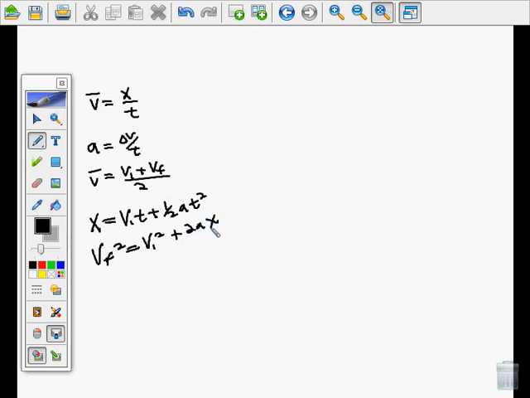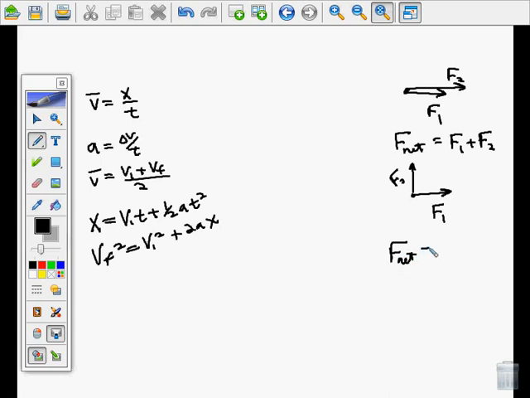You have your motion stuff over here, and then over here you have your forces stuff, where you have F1 and F2, and since they're both going the same way, the net force, you just add them up, F1 plus F2. And of course if F1 and F2 are at right angles, you'd have to do F net is equal to the square root of F1 squared plus F2 squared.